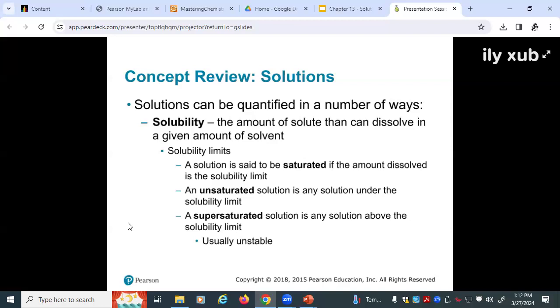And so it can be simple things, just a matter of bumping the solution or even scratching on the inside of that test tube and creating a surface for the solid to form.